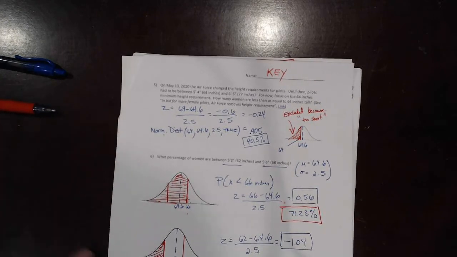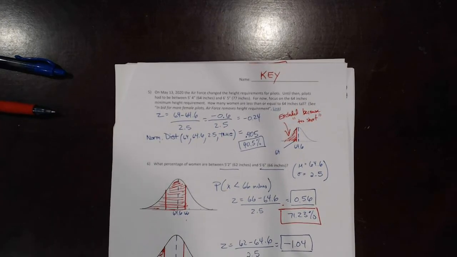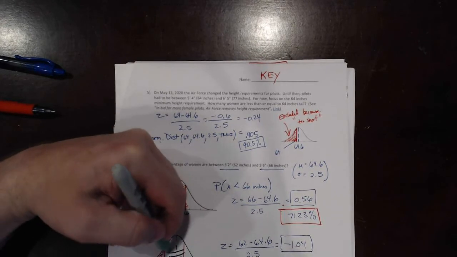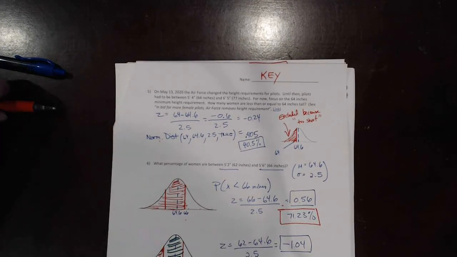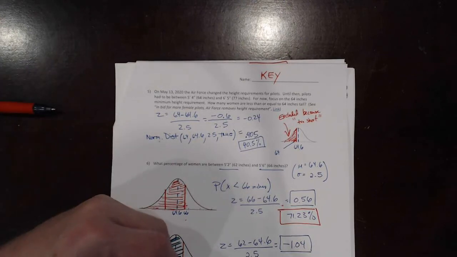They're trying to find, in this case, this region. I'll fill this in with this green. But 56.31% are in that green area, between 66 and 62.